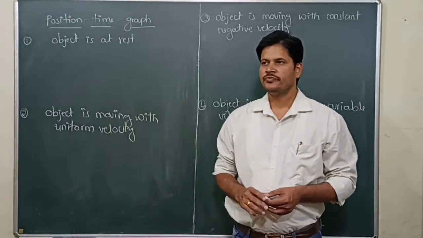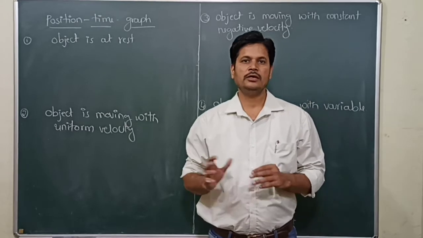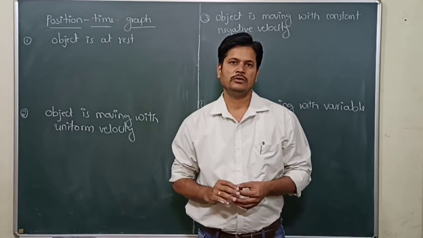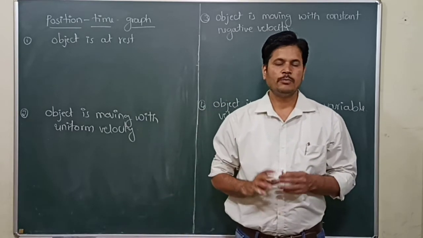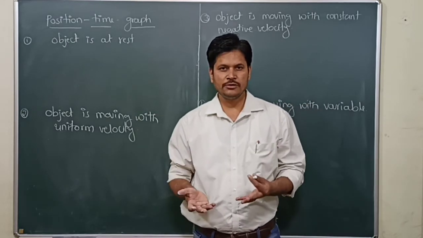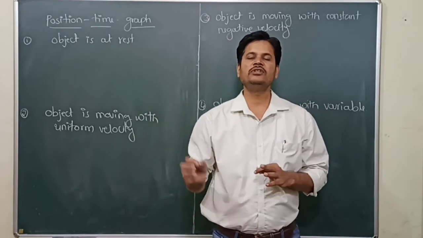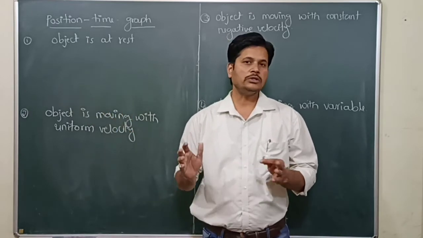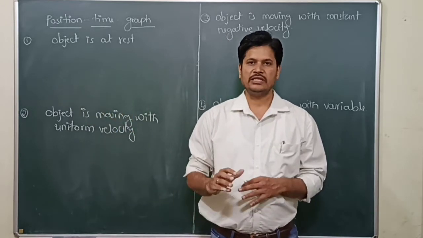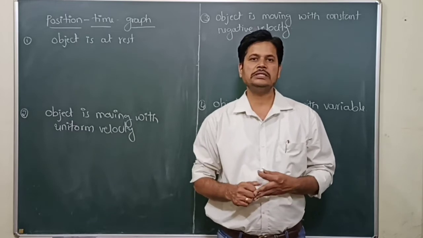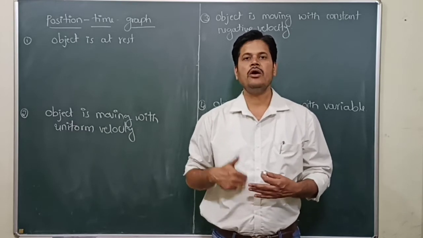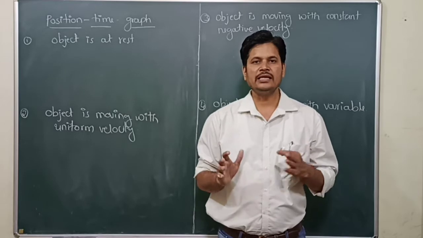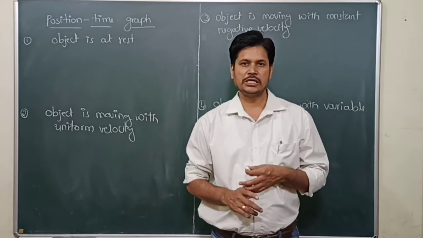Okay, listen. Here we are going to study the position time graph. The position time graph gives the position of the object at any instant of time, or how the object is moving, whether it is moving with a uniform velocity, decreasing velocity or increasing velocity. That can be studied by using the position time graph.